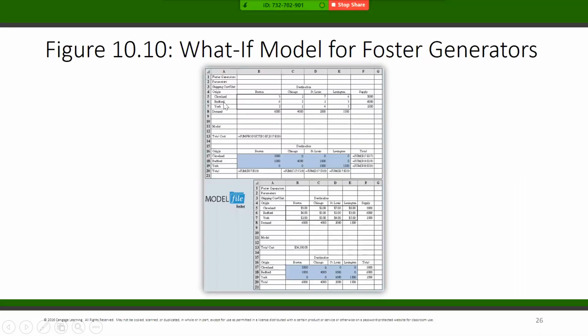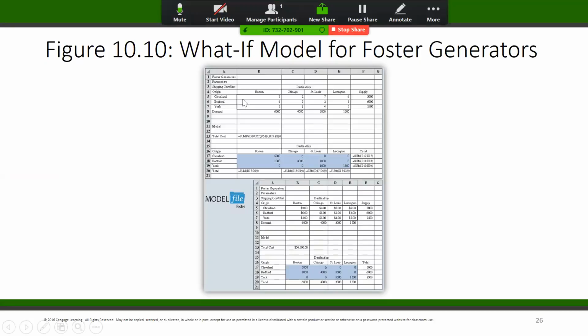So to minimize the cost, the capacity at the plants must not be exceeded, and the forecasted demand must be satisfied at each of the 4 distribution centers. Now the parameters section is rows basically 2 through 10. They're just leaving some blank spaces here, but they call it rows 2 through 10 in case we need to add something later. Now cells B5 through E7, those are going to contain the per unit shipping cost from each origin or plant to each destination.